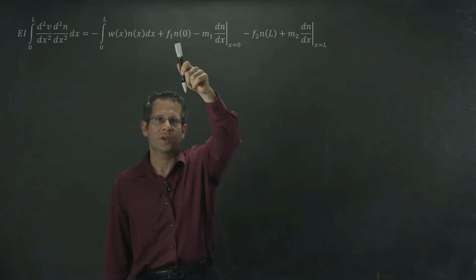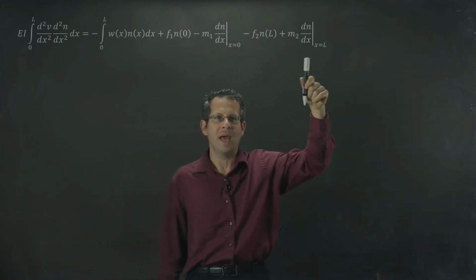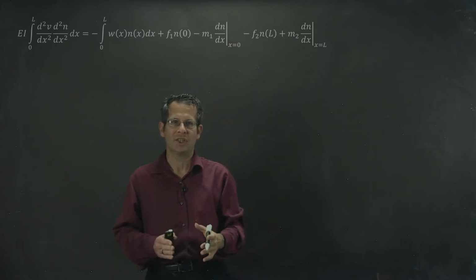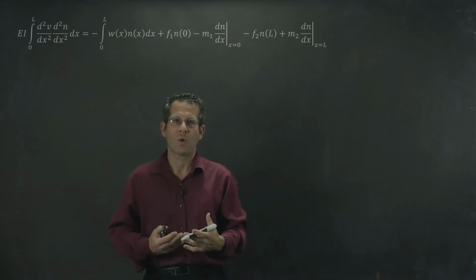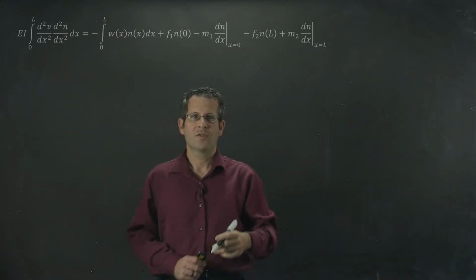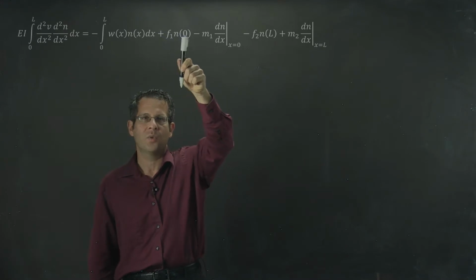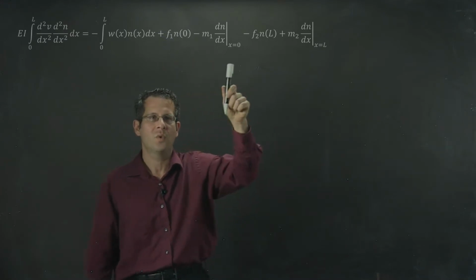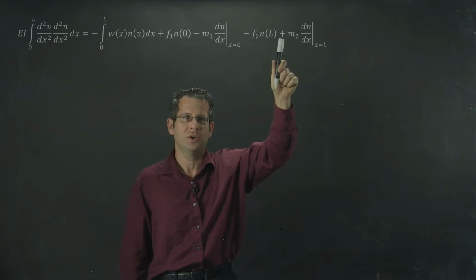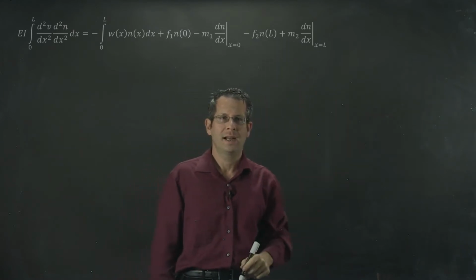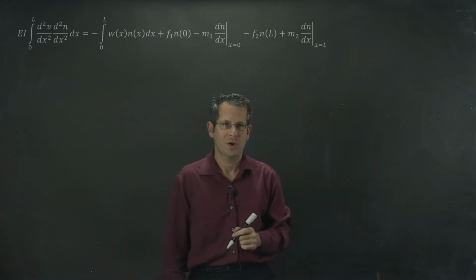So these four terms represent the embedding of our boundary conditions into our weak form of the equation. Note that F1 is the external force at node 1, M1 is the external moment at node 1, F2 is the external force at node 2, and M2 is any external moment at node 2.